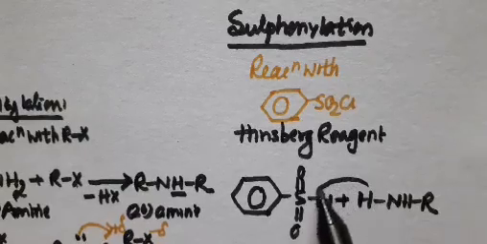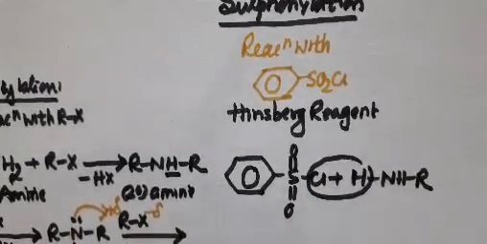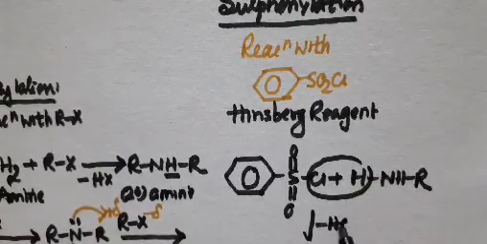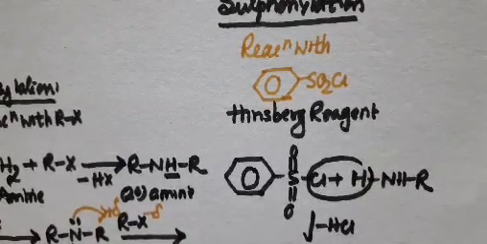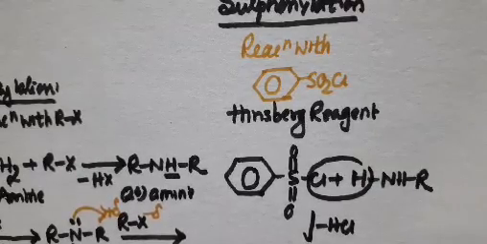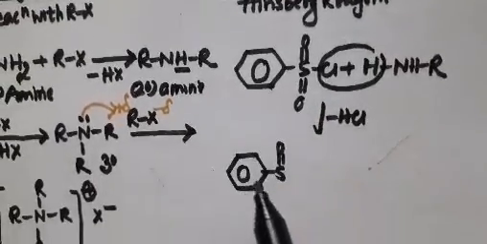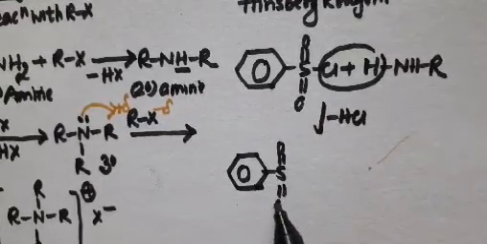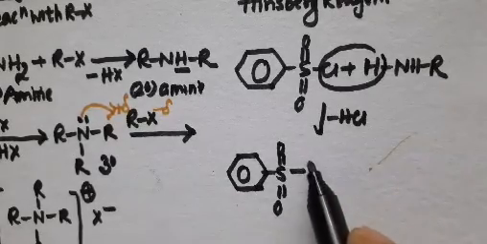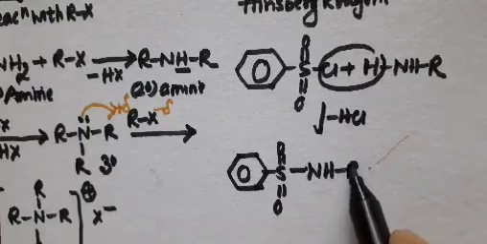You can see that H and Cl remove out as HCl, and the product will be like this: C6H5-S double bond O-NHR.